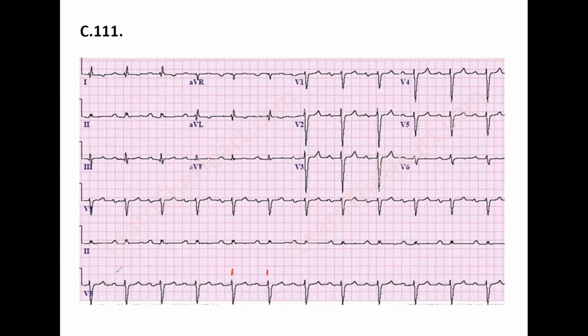But the PR interval is longer than 0.20 seconds, so it's a first degree AV block. Okay, that's what we can say. Nothing else, only first degree AV block. Okay, good.